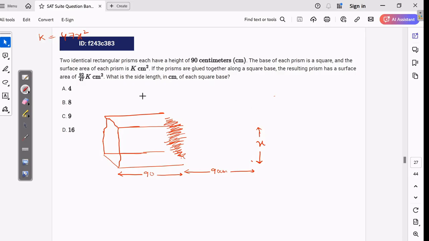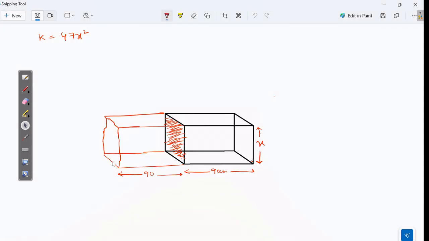Let's go back to the question. It says that glued together the resulting prism has a surface area of 92 over 47. What is the side length? Okay, how will you use this information, Anika, that the height is 90 centimeters? Now try to find it by using the formula we have, length times width times height.